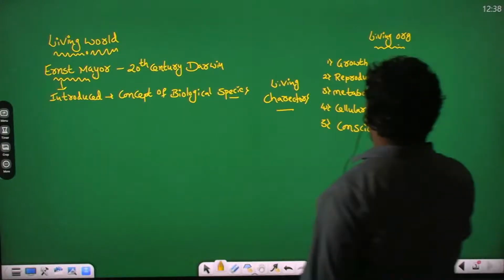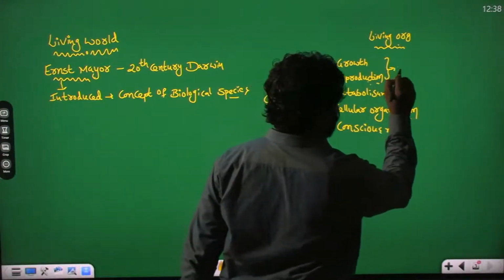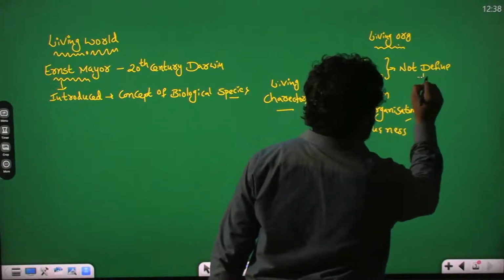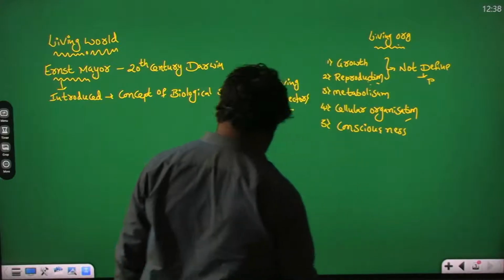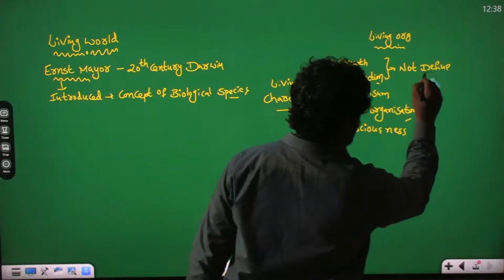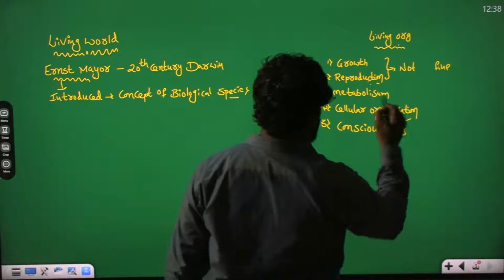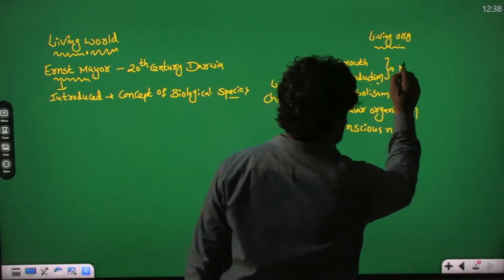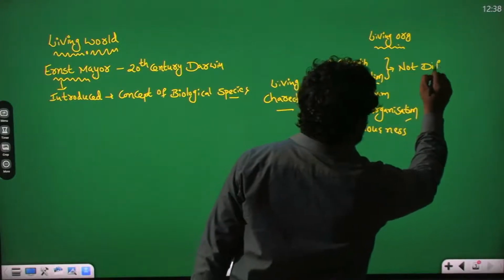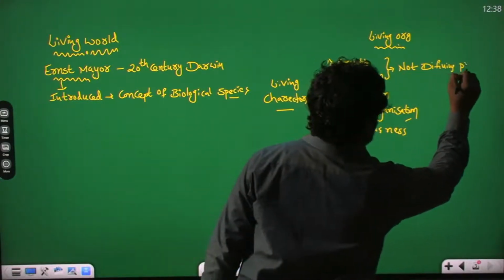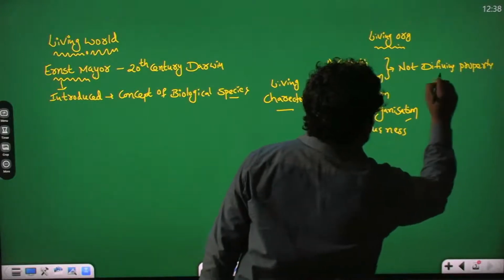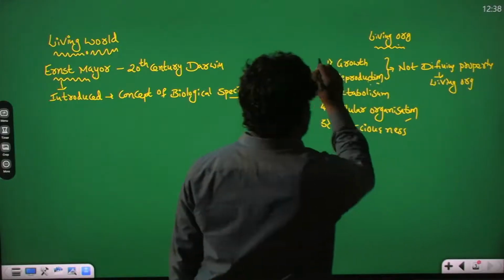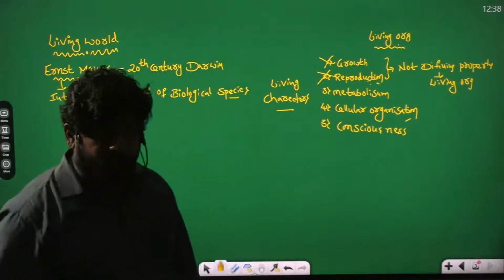Growth and reproduction are not defining properties of a living organism. It means to define a living organism, we do not use the terms growth and reproduction.